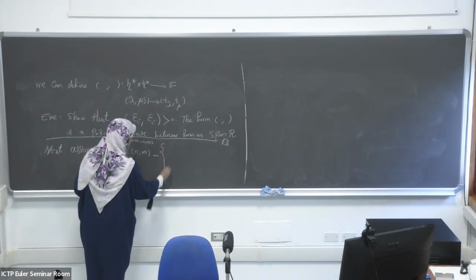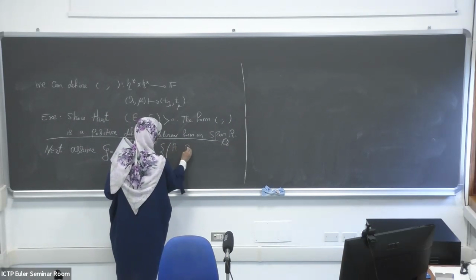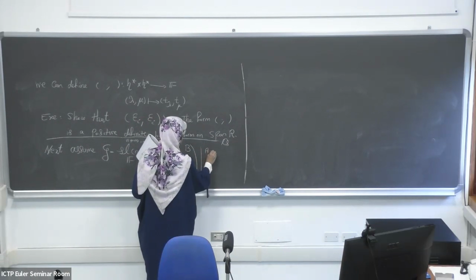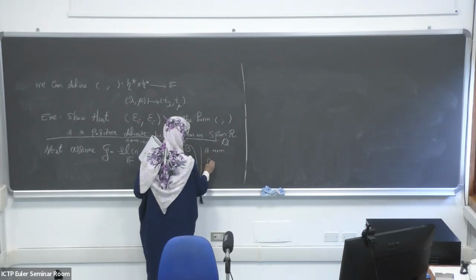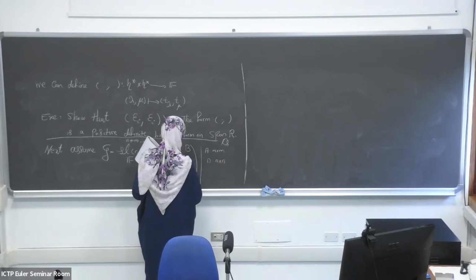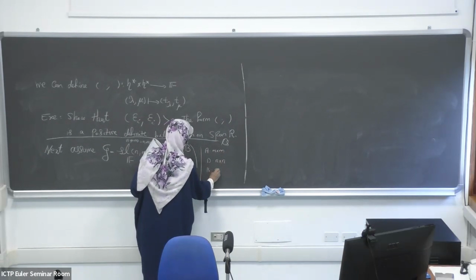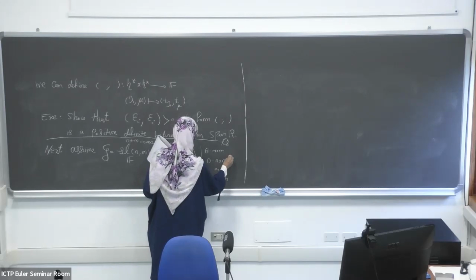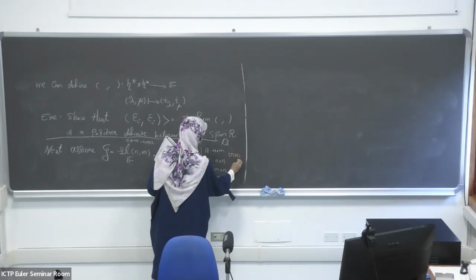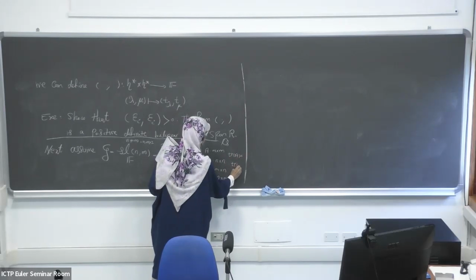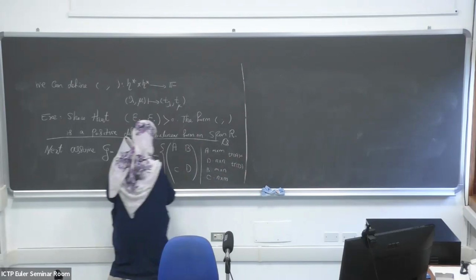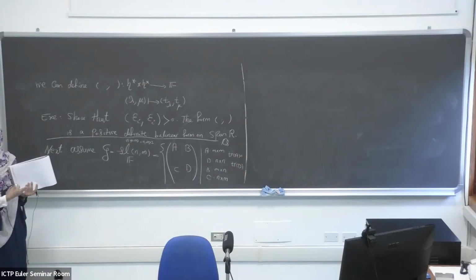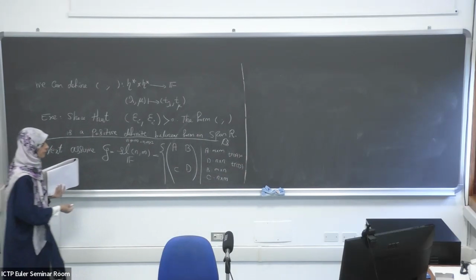It was the set of all block matrices A, B, C, D, such that A is m times m, B is m times n, C is n times m, D is n times n, and trace of A equals trace of D. In other words, the set of all elements such that the supertrace of those matrices is 0.